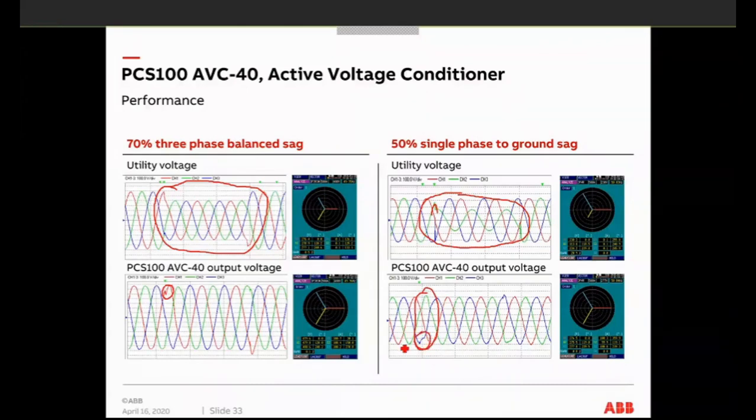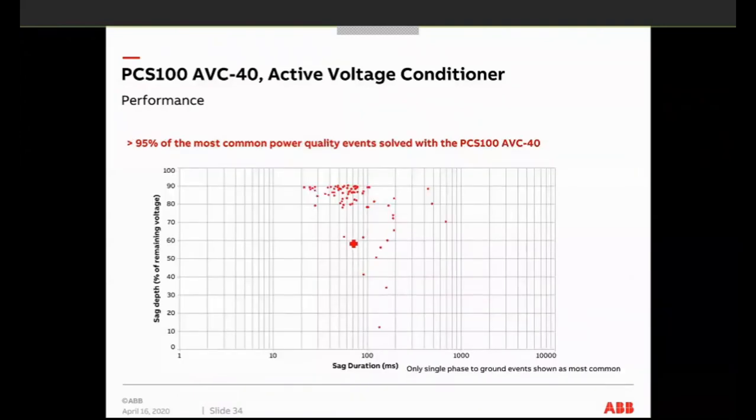Okay, so going back to the typical annual power quality issue that we have. Okay, and then after putting the PCS ABC 40, right? So it actually corrected almost more than 90%. Okay, 90% of the issue.